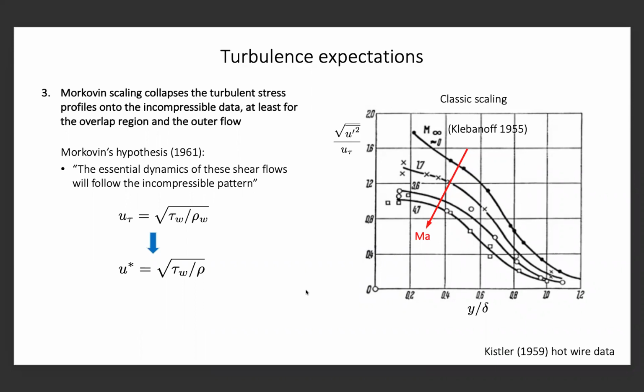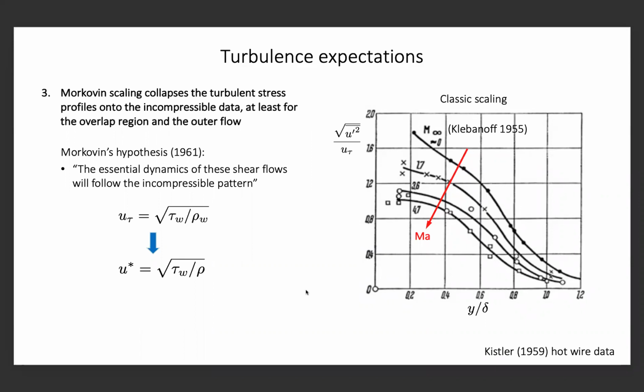Instead of using U tau as the velocity scale defined on the density at the wall, we use U star, which is defined using the local density. Now, how does that affect the results? On the right, there are some early results by Kistler using a hot wire, shown here in classic scaling.